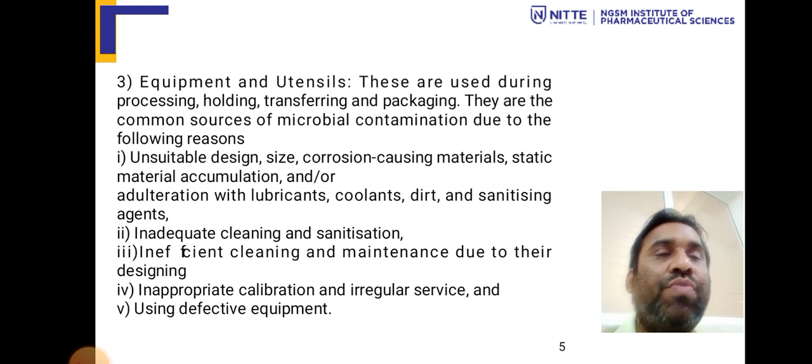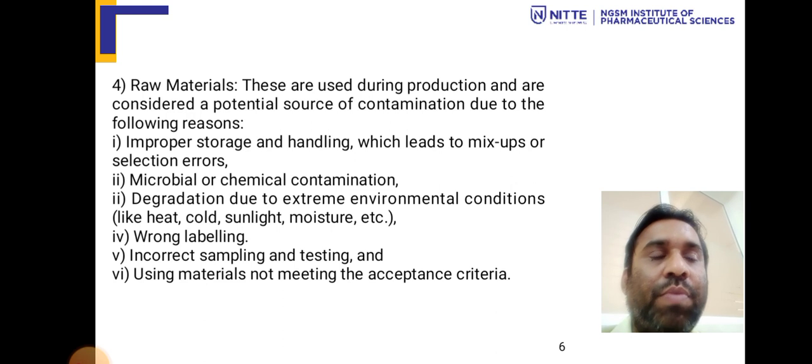They are a common source of microbial contamination due to the following reasons: unsuitable design of the equipment, size, corrosion of the material, starting material accumulation or adulteration with lubricants, coolants, dirt and sanitizing agents, inadequate cleaning and sanitization, insufficient cleaning and maintenance due to their design, inappropriate calibration and irregular service provided on the instrument, and use of defective instruments can be major problems as sources of contamination.